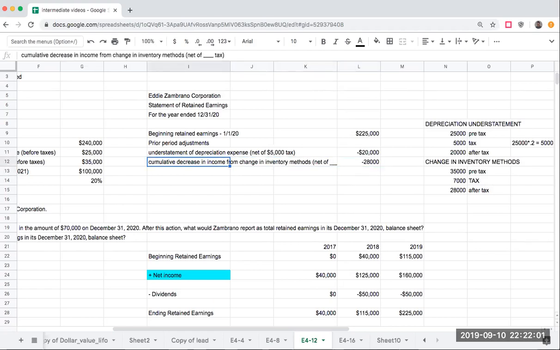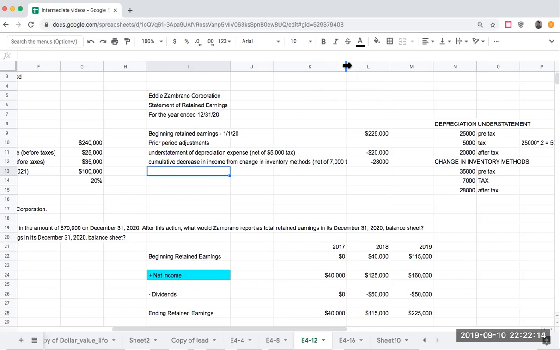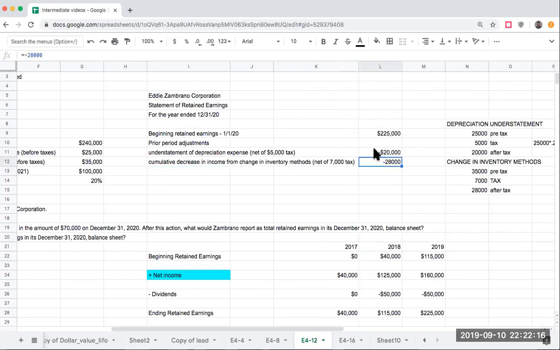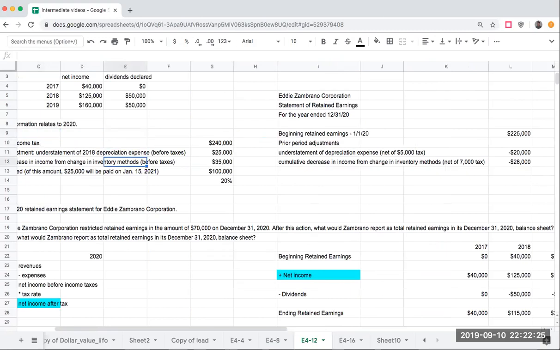Okay. And when I'm netting it of tax, I need to show the reader that, hey, this is net of $7,000 tax. Very, very important to reflect that. So the reader knows that I'm comparing apples to apples. Remember, these beginning retained earnings amounts already have taxes deducted. Over here, these amounts are before taxes.